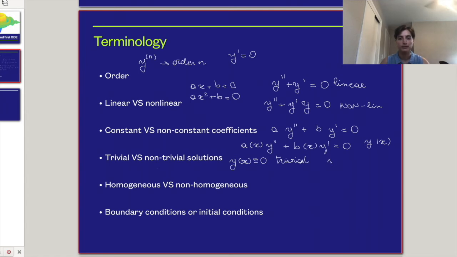Non-trivial means that there are some values of x for which this is different than 0. For example, in the previous equations, we could find solutions that are non-trivial, and that might be zero at some places, but not everywhere.